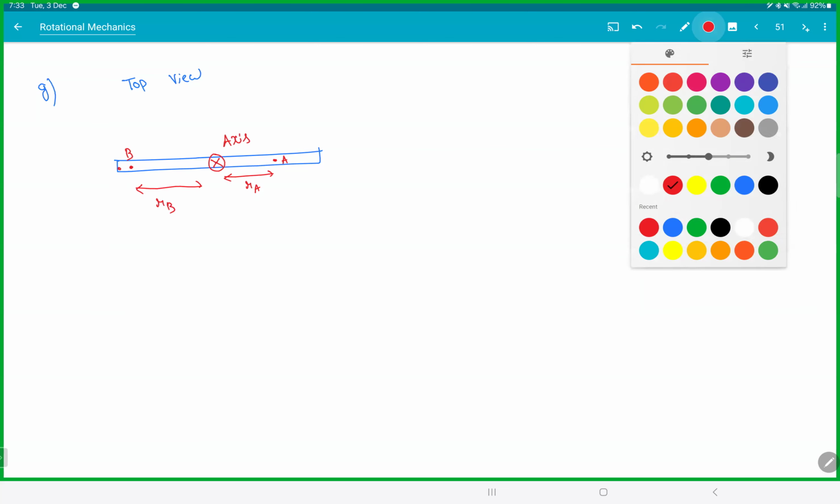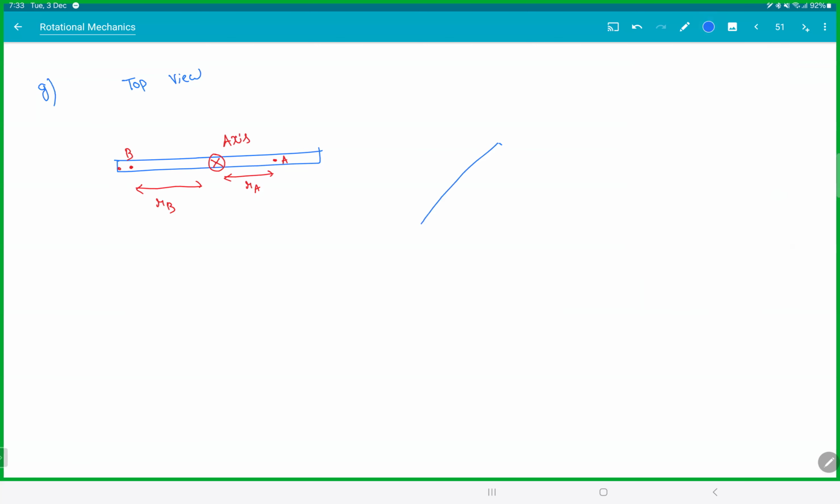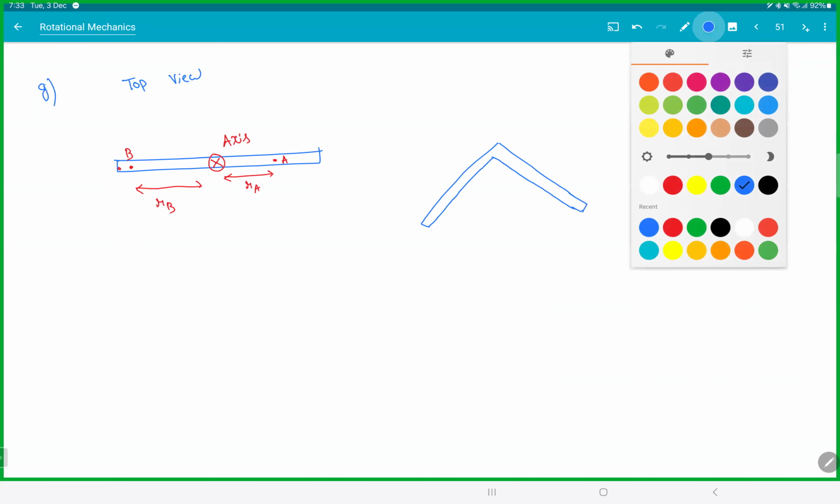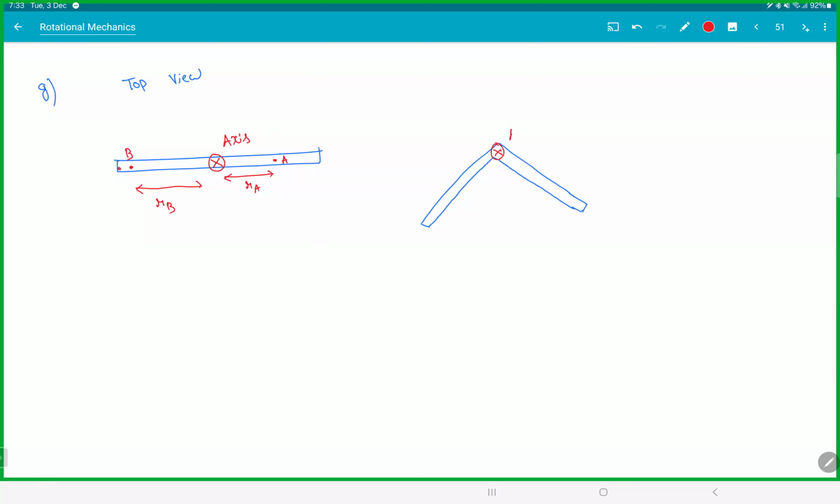Now, when you bent this rod into a V shape, this is your axis. This point is A. Did this distance change? Did this distance change? You getting what happened?